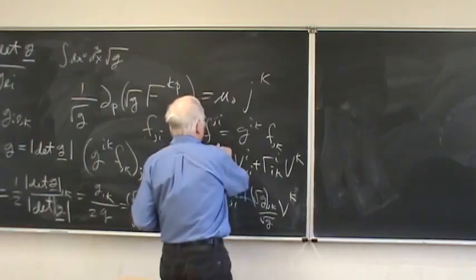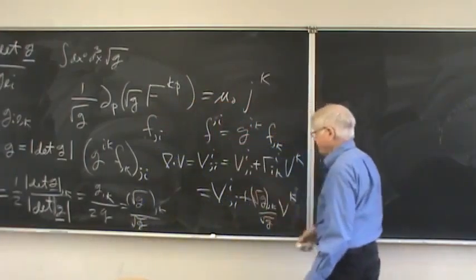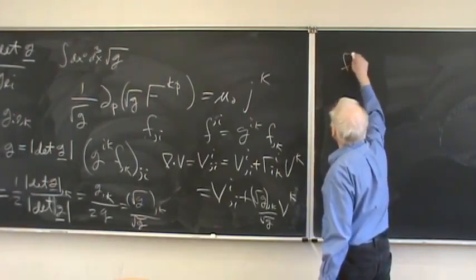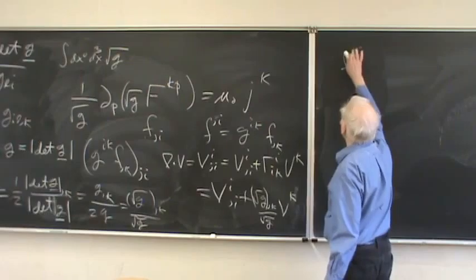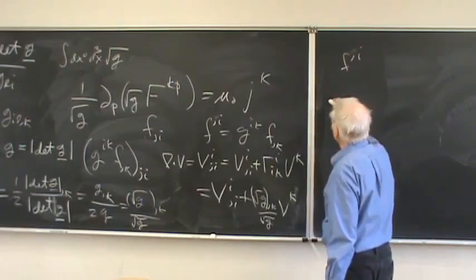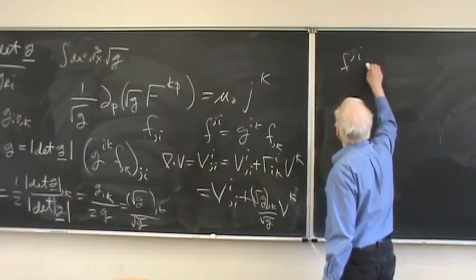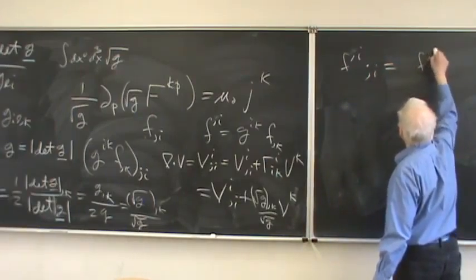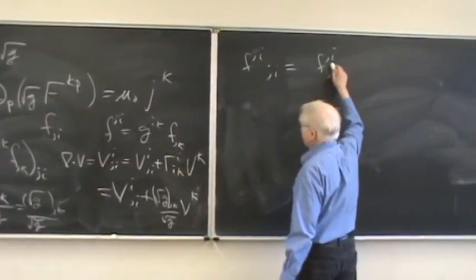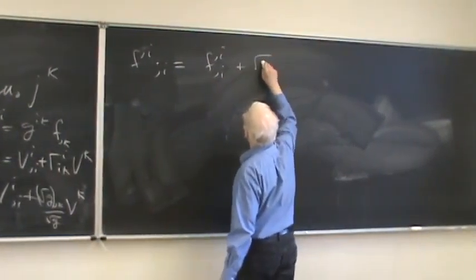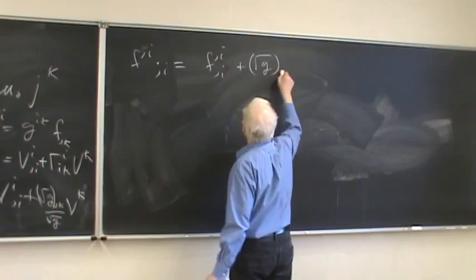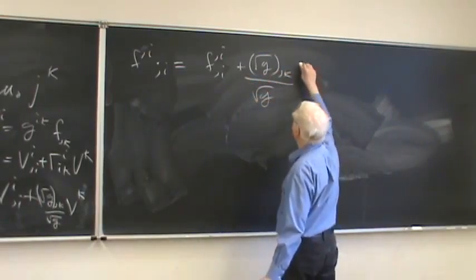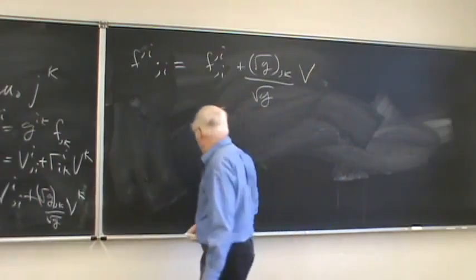So in particular, if we apply that now to this vector, which is f comma i, then we have f comma i semicolon i would be f comma i i plus square root of g comma k over square root of g times this thing, whoops, not v.